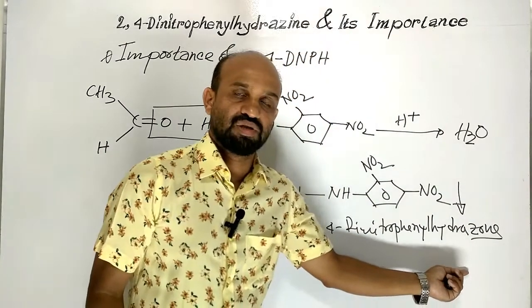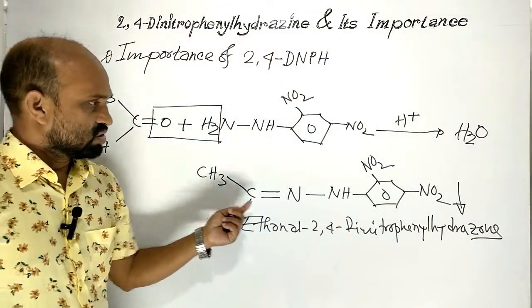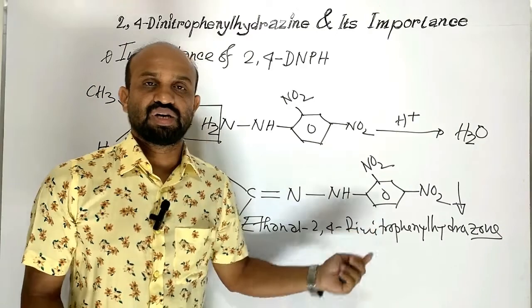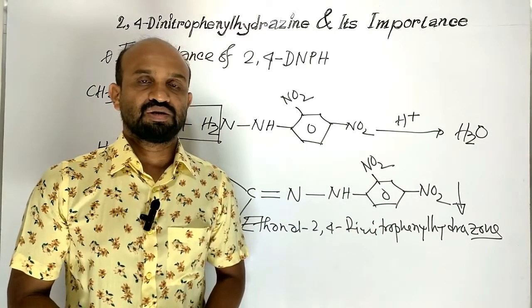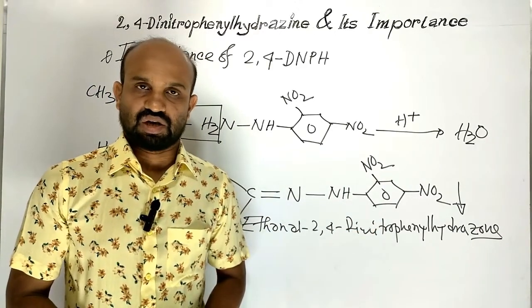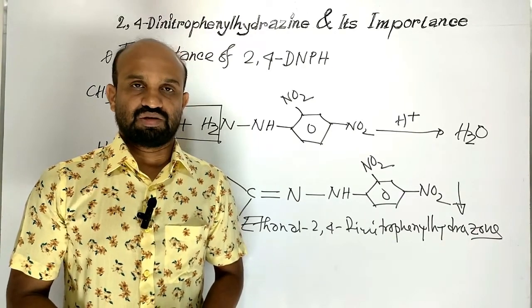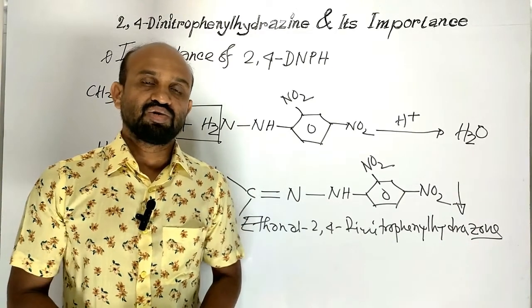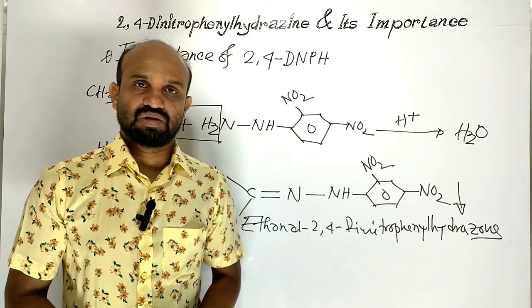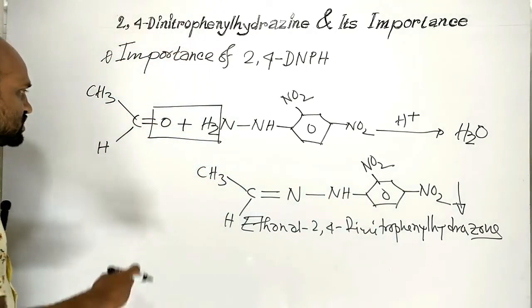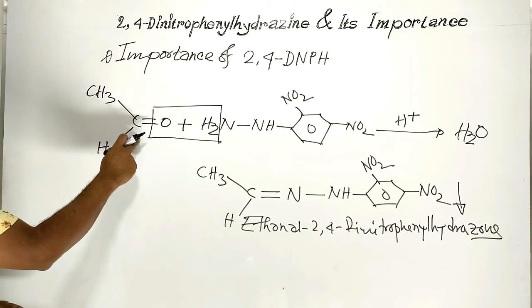Now its name is ethanal 2,4-dinitrophenylhydrazone, which is yellowish orange color that deposits as precipitate. This yellowish orange color precipitate confirms the presence of carbonyl compounds.